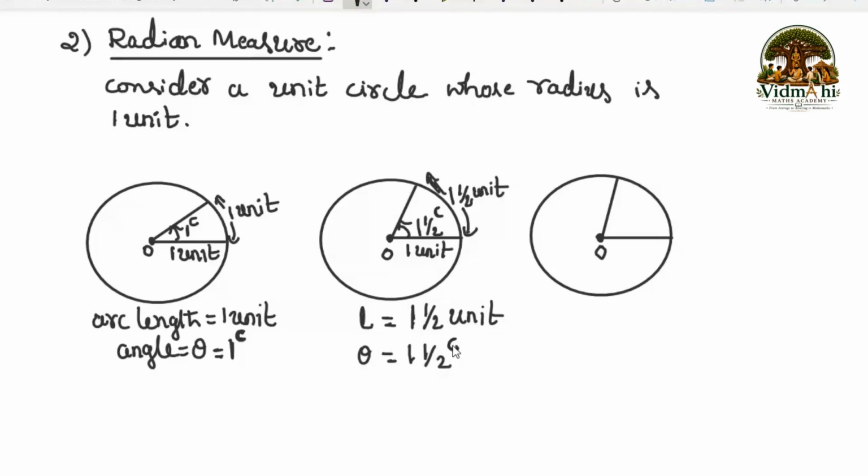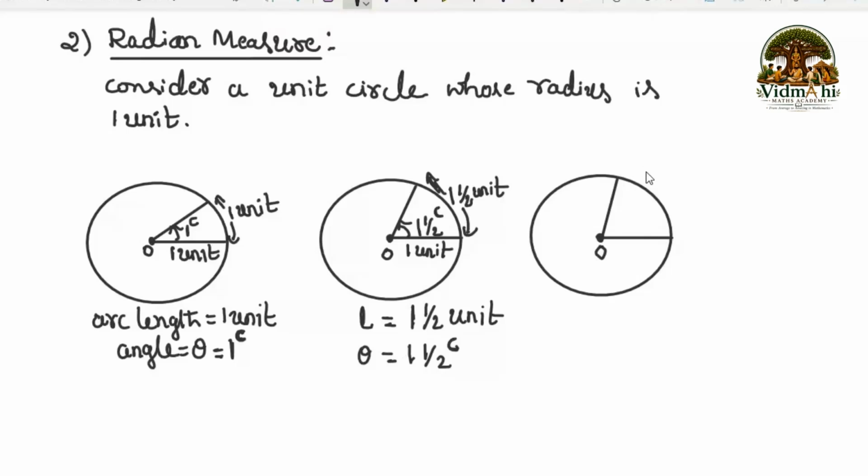So we can say that as the arc length changes, the angle also changes, so the angle is directly proportional to the arc length with the radius.